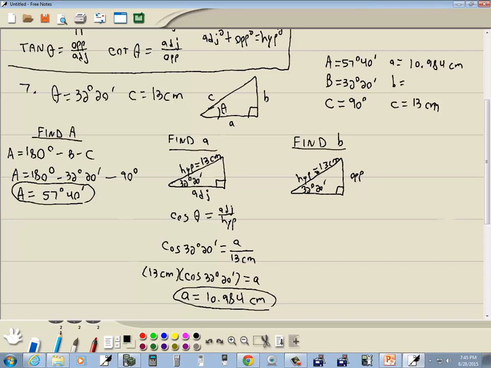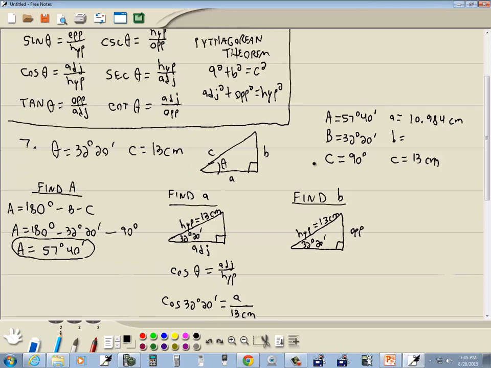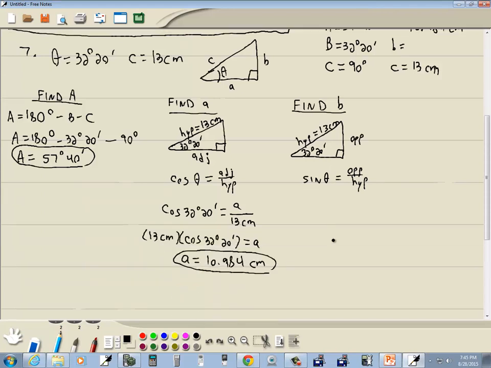So we got opposite and hypotenuse. So if we come up to our formulas, we're looking for one in these first 3 that deal with opposite and hypotenuse, which is our first one, sine. So sine theta is equal to opposite over hypotenuse. So let's plug in what they give us. The angle is 32 degrees, 20 minutes.